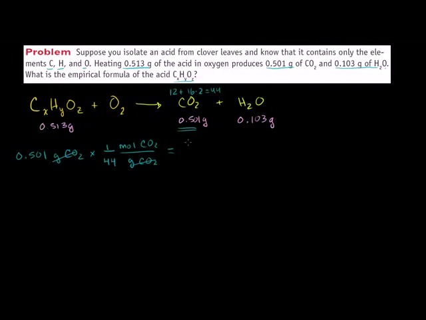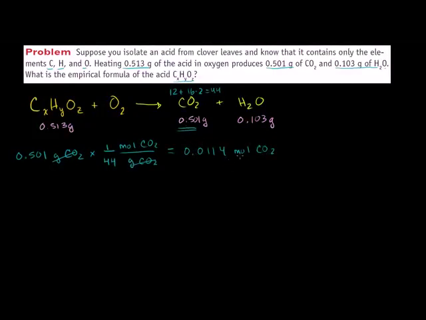So this tells us that we have 0.0114 moles of carbon dioxide in our product. Now, that also tells us for every molecule of carbon dioxide, we also have one atom of carbon. So however many carbon dioxide molecules we have, that same number of carbon.